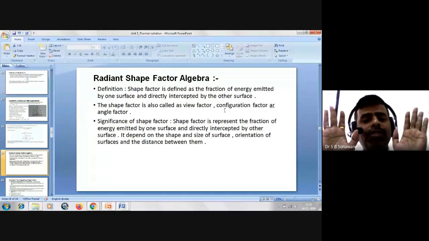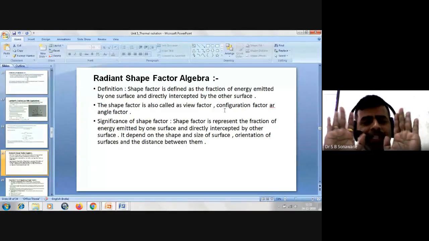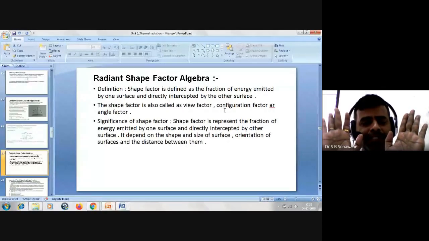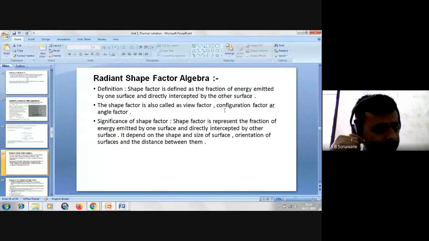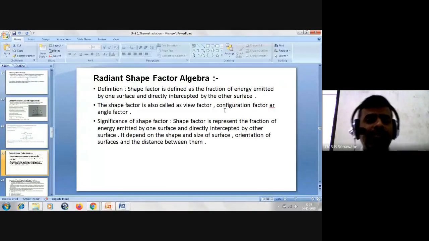Okay, so intentionally in that experimental setup, we kept the two surfaces in the same plane in order to achieve a shape factor equal to 0, and because of that the calculation becomes easy for determination of the emissivity.